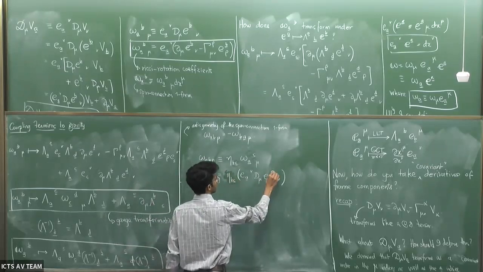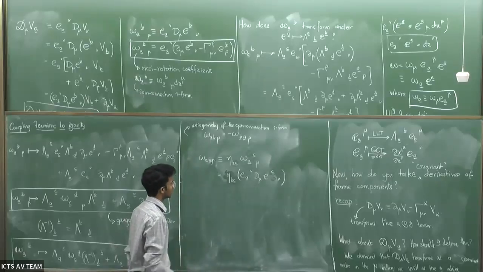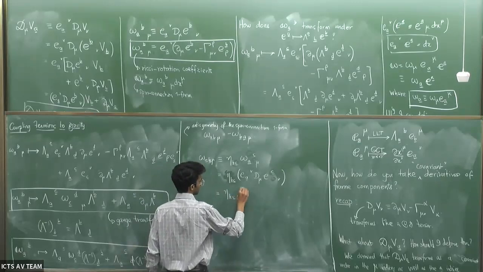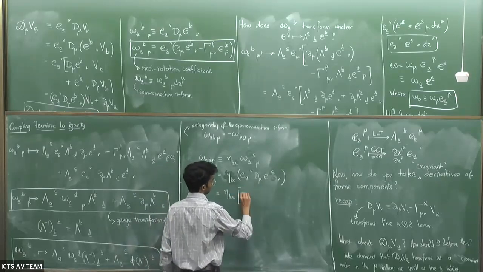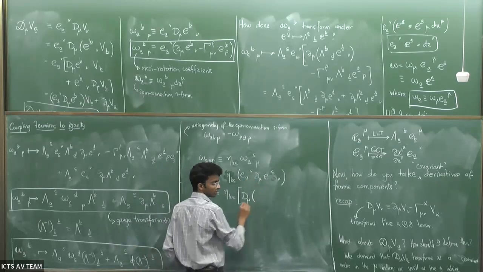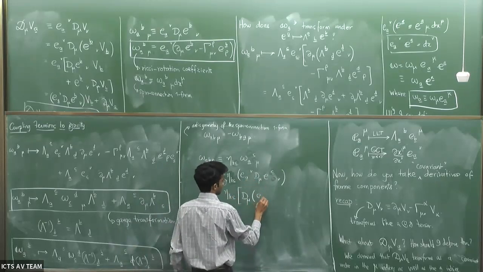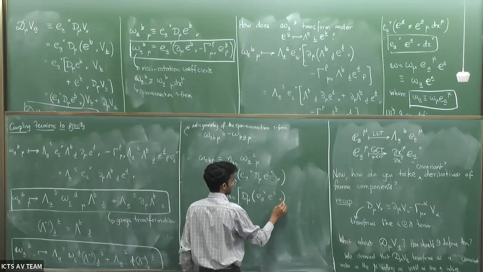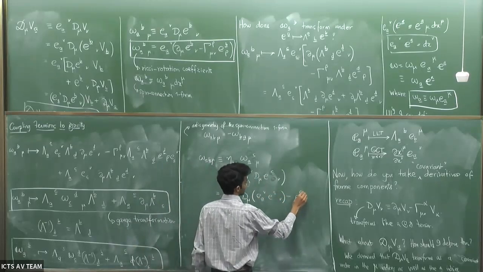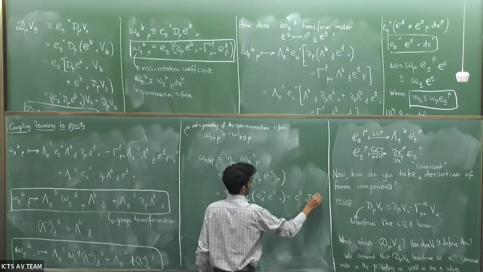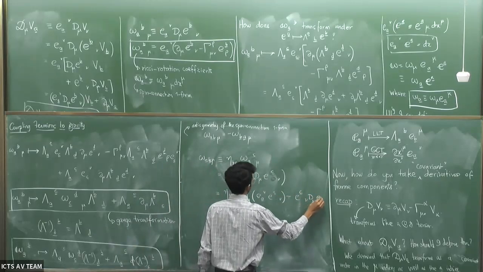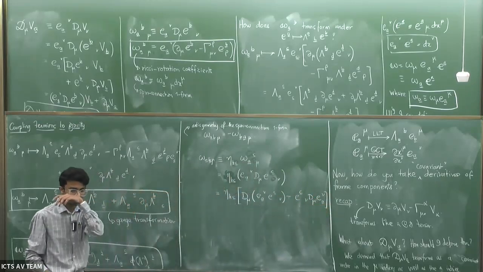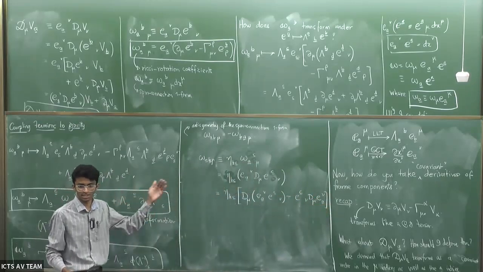Maybe this is useful. Now you use the fact that this is eta BC. Then you take this d mu outside, do an integration by parts, and you get, not integration, I'm not doing an integration, minus E C nu d mu E B. I'm just using Leibniz rule to rewrite that.